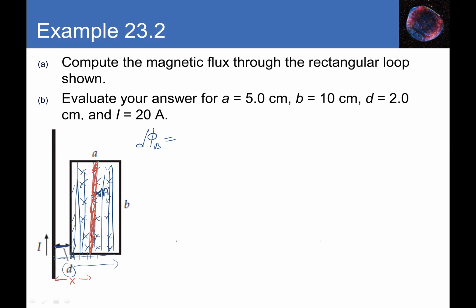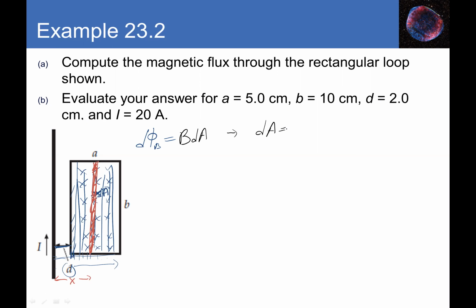So this is equal to the magnetic field through that small strip that has an area of, let's say, dA. dA is equal to length times width.